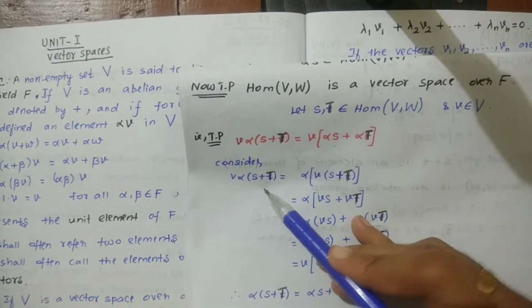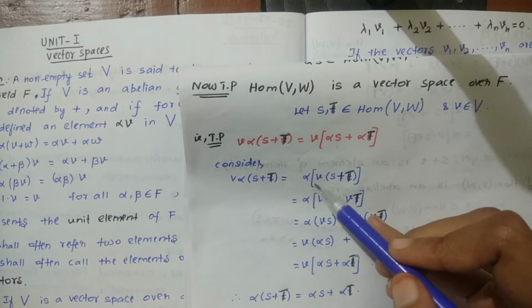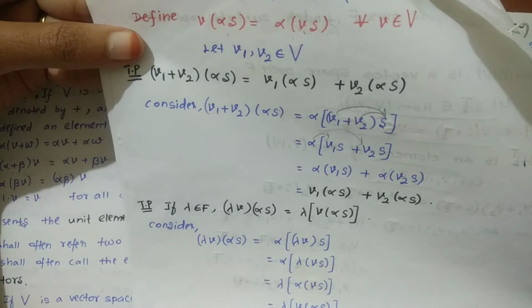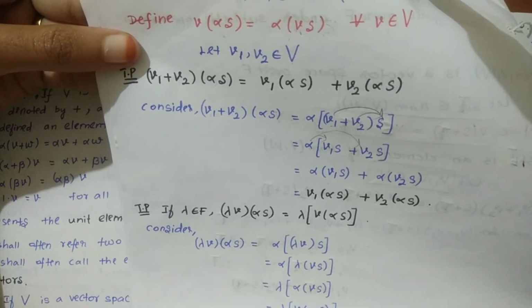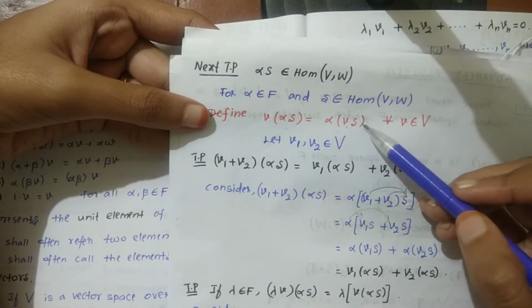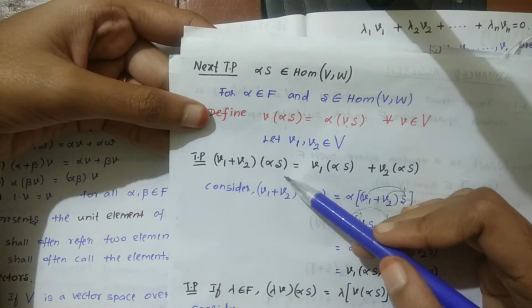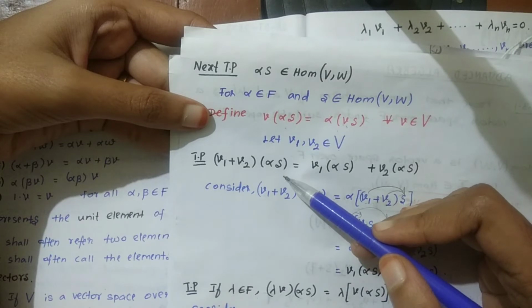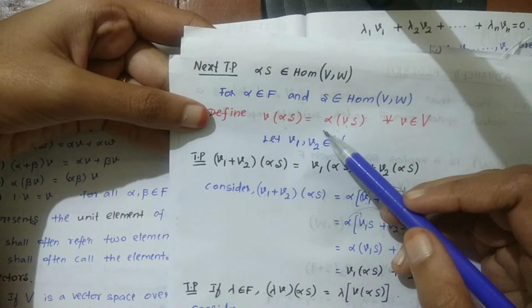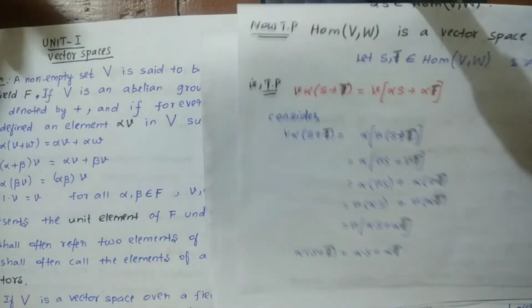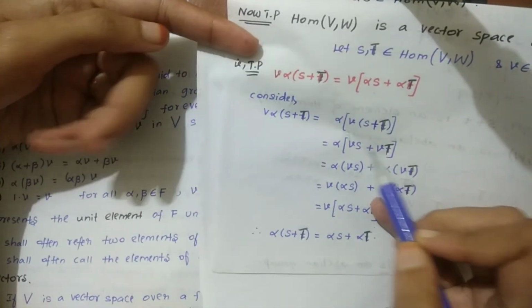Consider the left hand side, and it is equal to, you are writing this, how you are writing this? You are writing in this format, alpha outside and b in. So from this you can write alpha of Vs plus Vt.